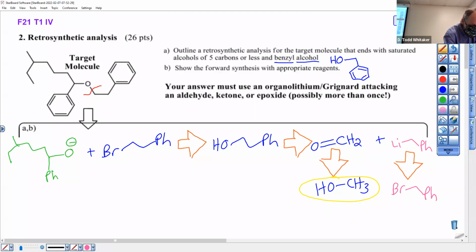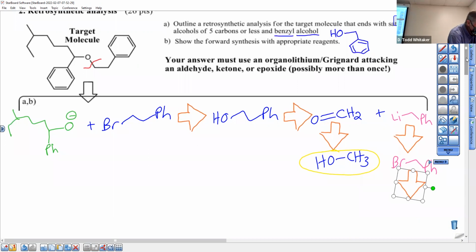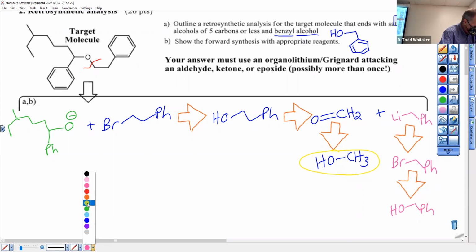And then this is one step away from, now let's use that one, benzyl alcohol. I hope that sounds familiar. One step away from benzyl alcohol. Put a circle on it. That's this molecule right here. Okay.